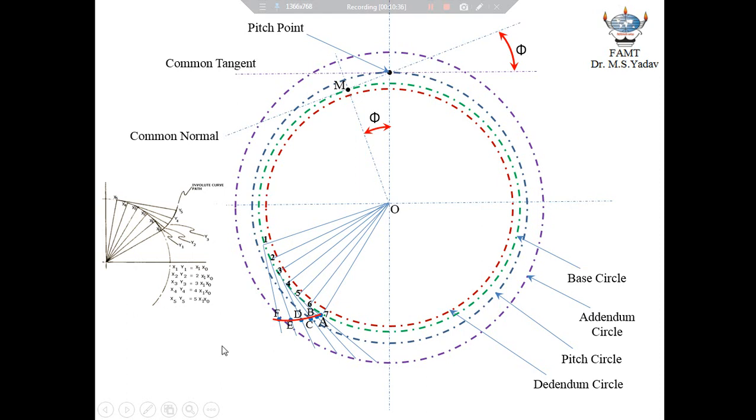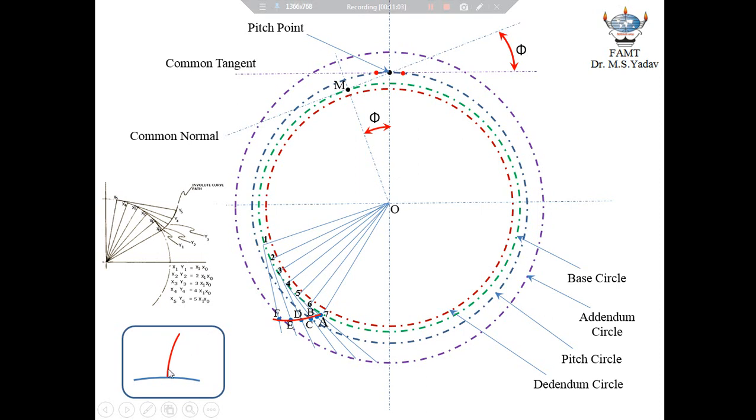Now take a piece of tracing paper and trace involute curve along with part of the base circle like this. Now mark tooth thickness on the pitch circle, which is 3 degrees on the either side of the pitch point, since tooth thickness is corresponding to 6 degrees.